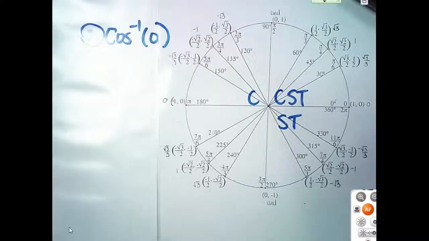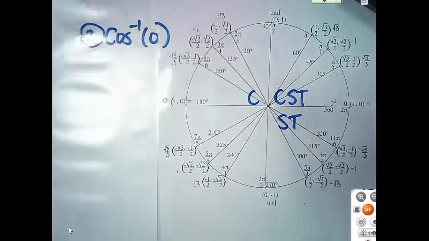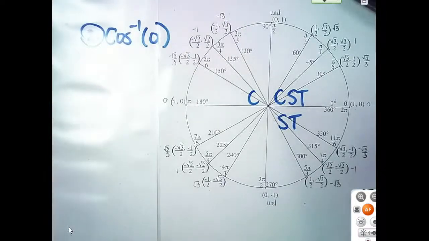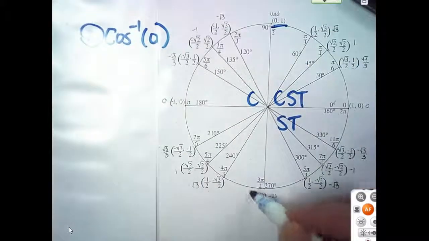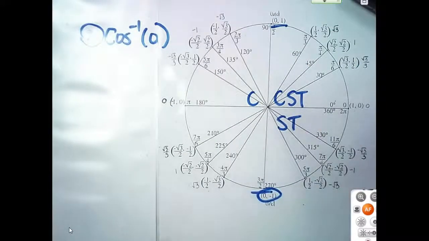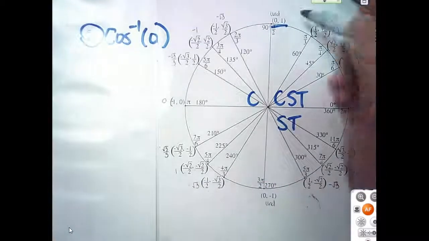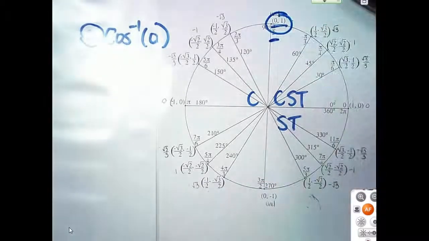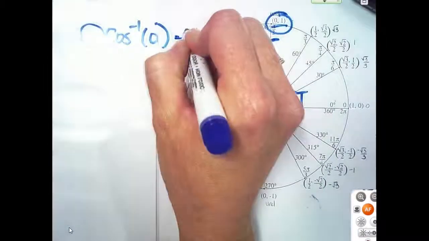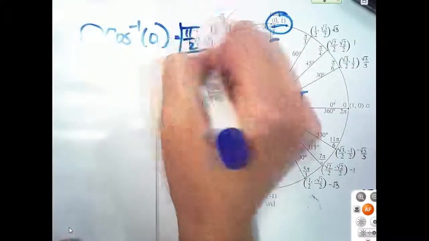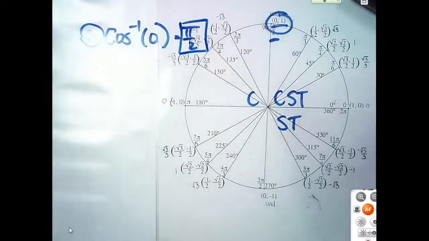It's the first thing you should say to yourself: okay, I'm thinking about x. When is x 0? X is 0 here and here. But you're not allowed down in the bottom, so that doesn't matter. So this is the answer. What radian is it? Good, pi over 2. Feeling okay about it? That's yesterday's. Let's do another one.